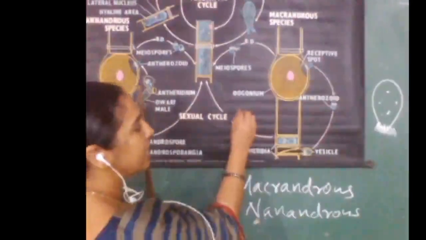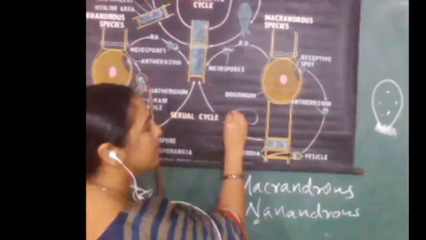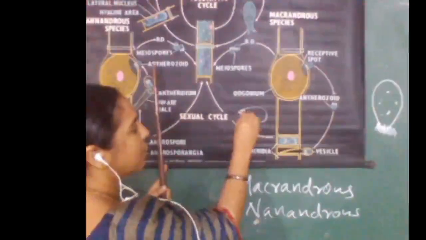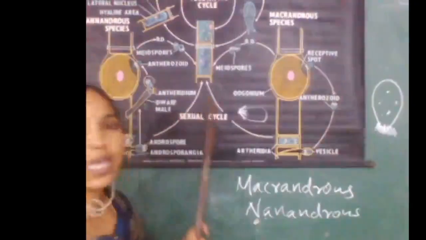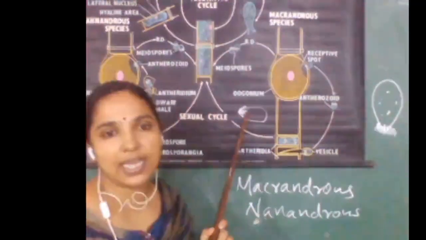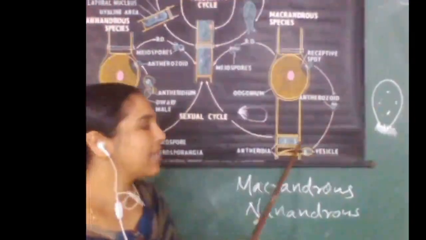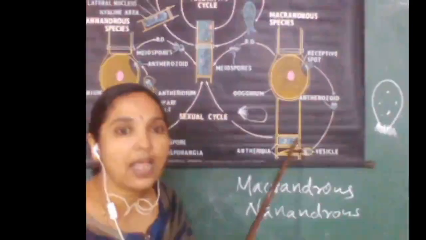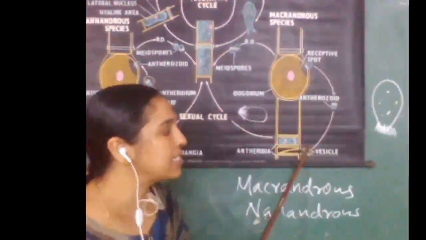The antherozoid looks like our zoospore, having flagella. A typical antherozoid looks like this, with a multiflagellate structure. The antheridium produces antherozoids. It breaks the cell and the antherozoids are liberated in a vesicle.